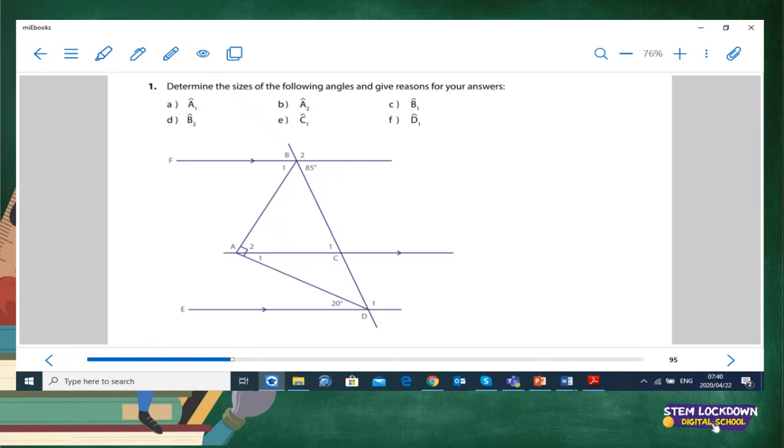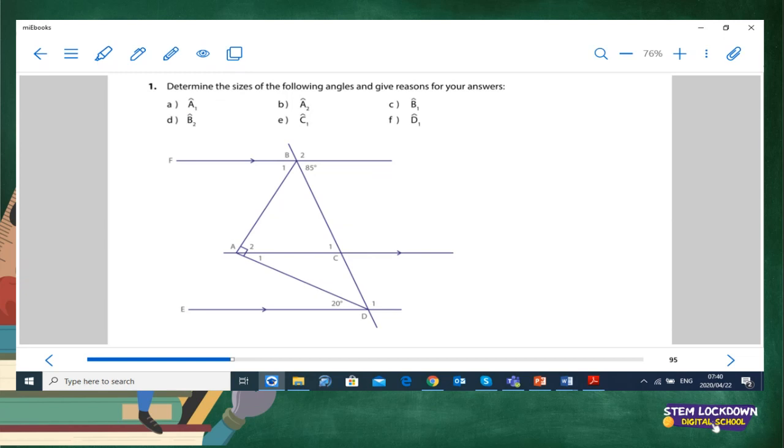So for your homework, let's determine the sizes of the following angles and give reasons. Let me give you this homework. There's a diagram there. I want you to proceed to solve different values of angles. We've got angles A1, A2, B1, B2, C1, D1.